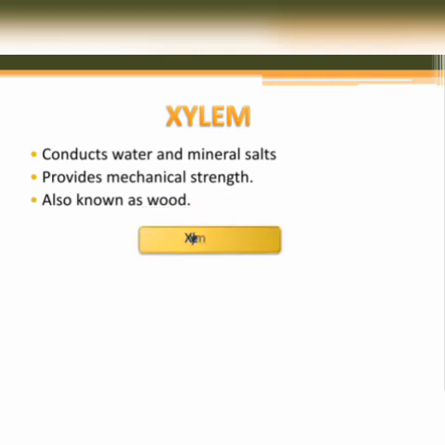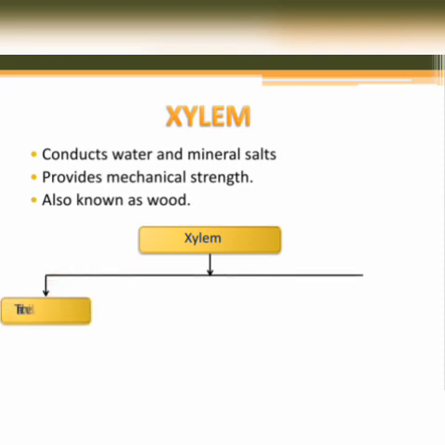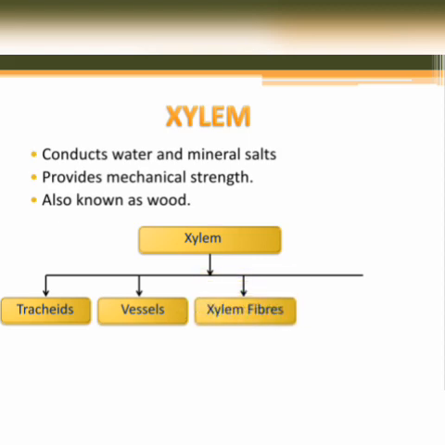Xylem has four elements. Number one, tracheids. Number two, vessels. Number three, xylem fibers. Number four, xylem parenchyma.